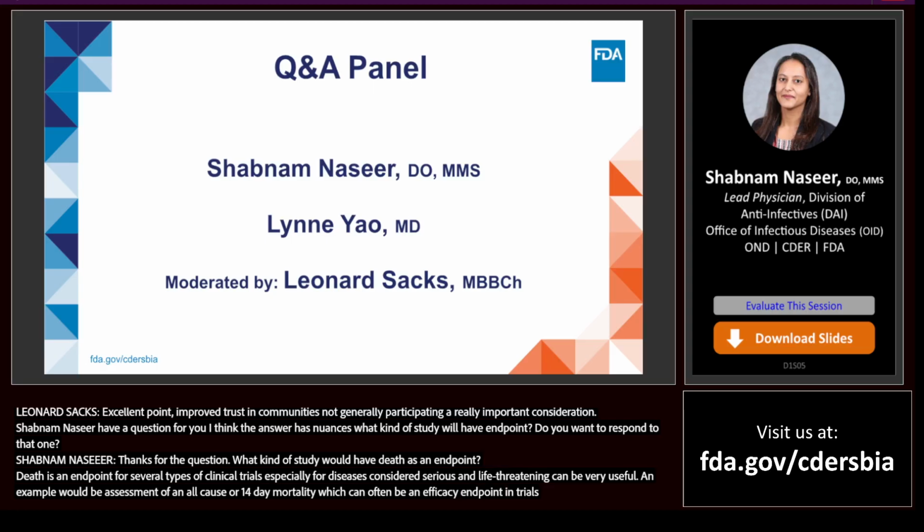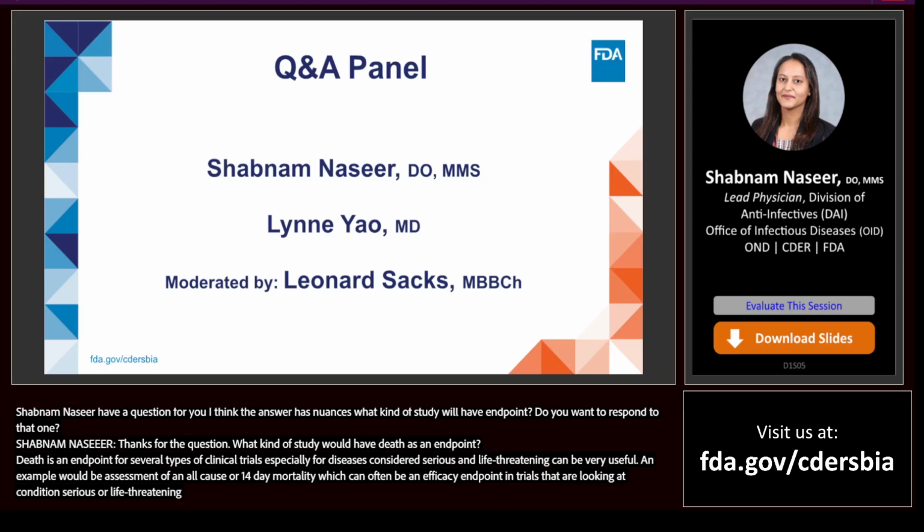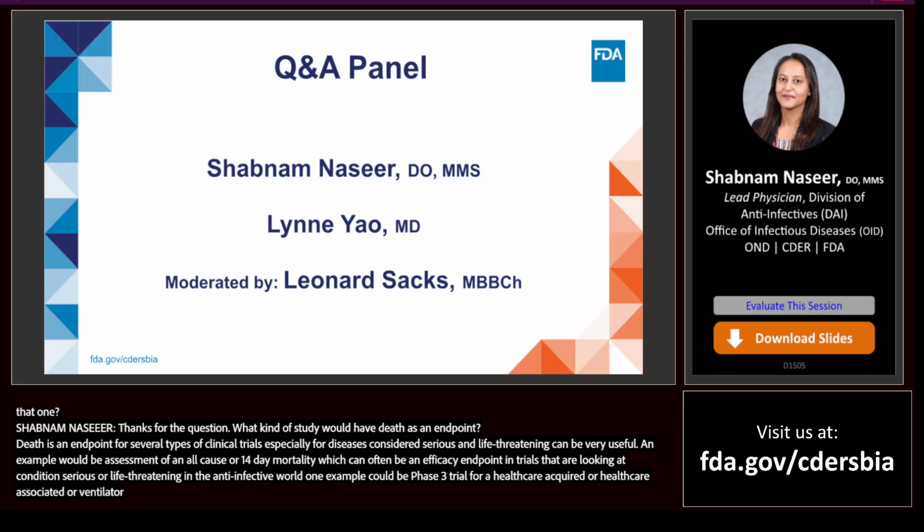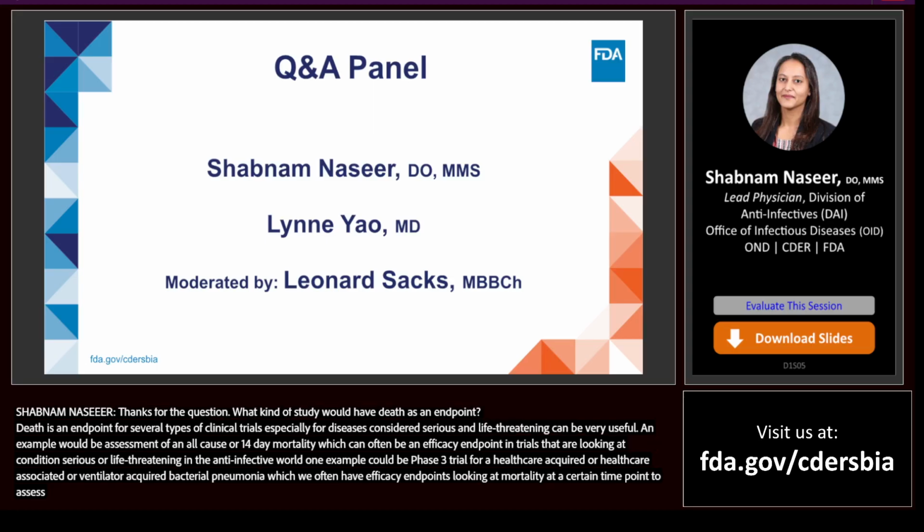And in the anti-infective world, one example could be a phase 3 trial for a healthcare-acquired or healthcare-associated or ventilator-acquired bacterial pneumonia, in which we often have efficacy endpoints looking at mortality at a certain end time point to assess the non-inferiority of one antibacterial drug versus another standard of care antibacterial drug.